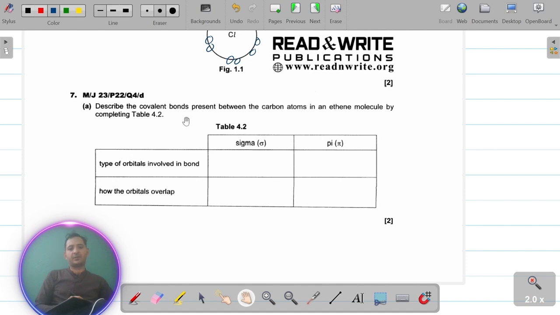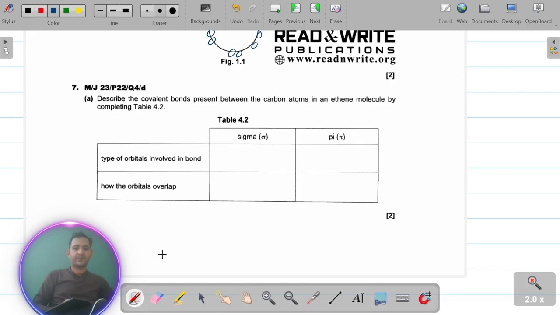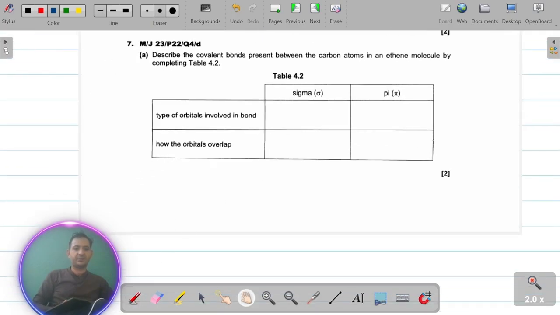Describe a covalent bond present between the carbon atoms in an ethene molecule by completing the table. Okay. So type of orbitals involved in bonding. Sigma bond. So we know in the sigma bond, what type of orbital, sp2, in ethene molecule. First I need to explain how to draw this ethene molecule.